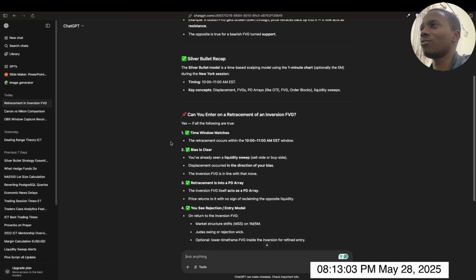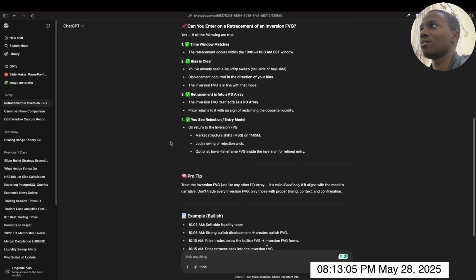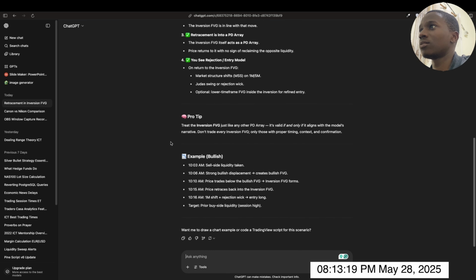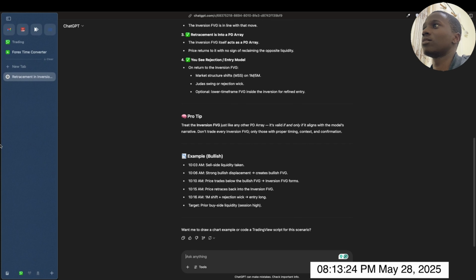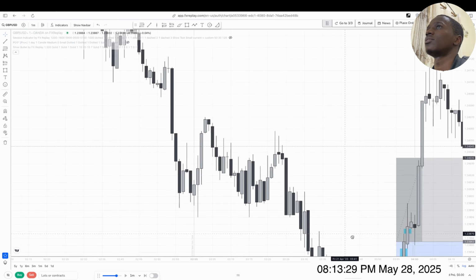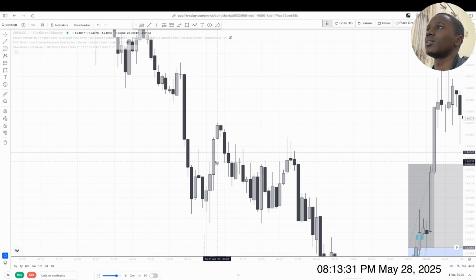So you can enter off of an inverse fair value gap. Huh. Okay, which means you can enter the moment it reverses. So here it creates this, doesn't get respected, then it shifts.